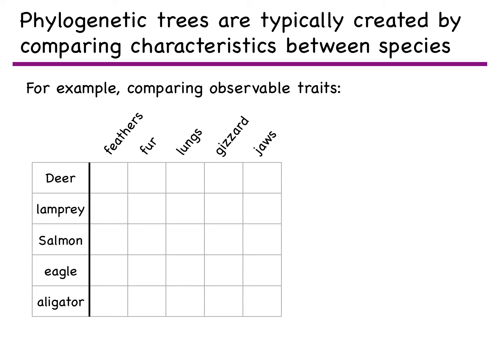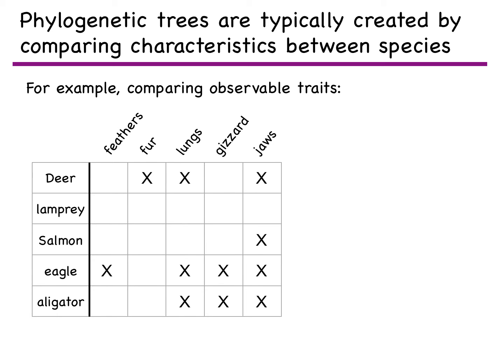Anyway, let's just say we're going to compare them in terms of the traits I've got listed here, where they've got feathers, fur, lungs, gizzard, and jaws. And so we'll just look at deer and check off the things that deer has. So deer have fur, they have lungs, and they have jaws, right? And then we're going to take the same approach for all the different organisms shown here on this slide, and we're just going to put a check mark if they have any of these features.